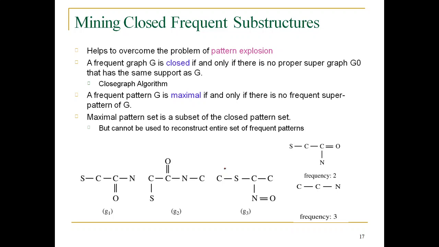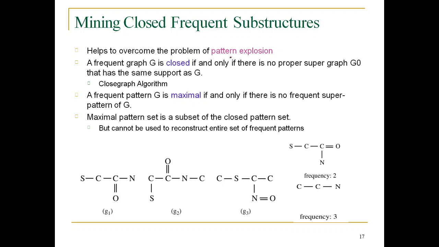So coming to the next one, that is mining closed frequent substructures. So this is overcoming the pattern explosion. More number of patterns are being generated, similar to the patterns that exist for the graph, so the number of patterns attained as substructures for the structure is large.